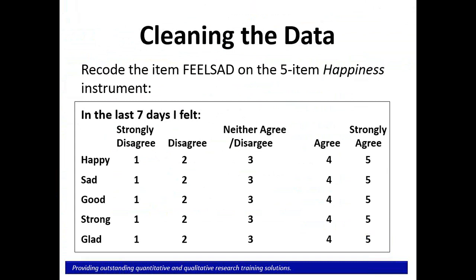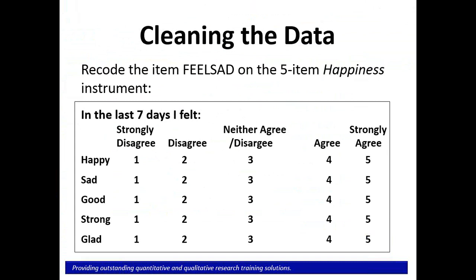So we say, are you happy? And they give a 5, strongly agree. Well, that's the highest level of happiness. But then the next item, if it says, are you sad? If they indicate a 5, strongly agree, that indicates the opposite, the lowest level of happiness. And then good, strong, and glad, 5s all indicate the highest level of happiness also.